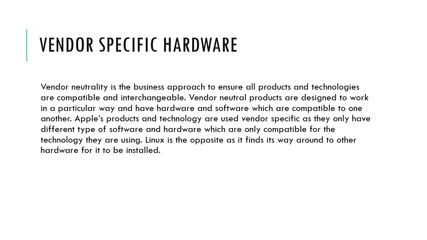For example, Apple is vendor-specific hardware and software, because only Apple users know about this. Like, basically, you log into a Mac computer and it's only compatible with that device.